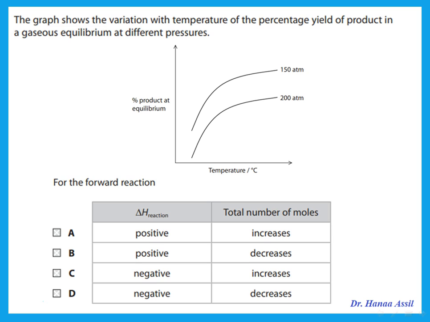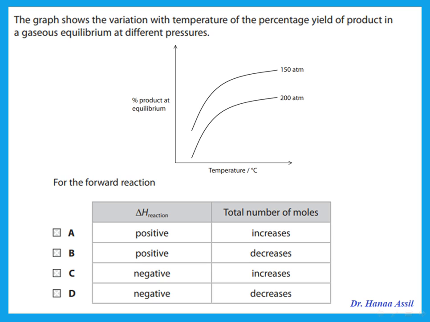What about this question? The graph shows the variation with temperature of percentage yield of product in a gaseous equilibrium at different pressures. So he has the graph for 200 atm and he has the graph for 150 atm. So is the forward reaction positive delta H or negative delta H?